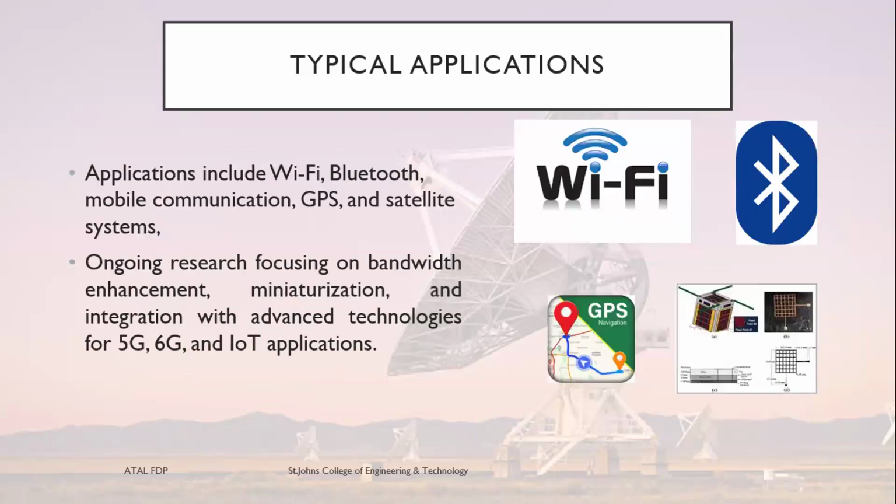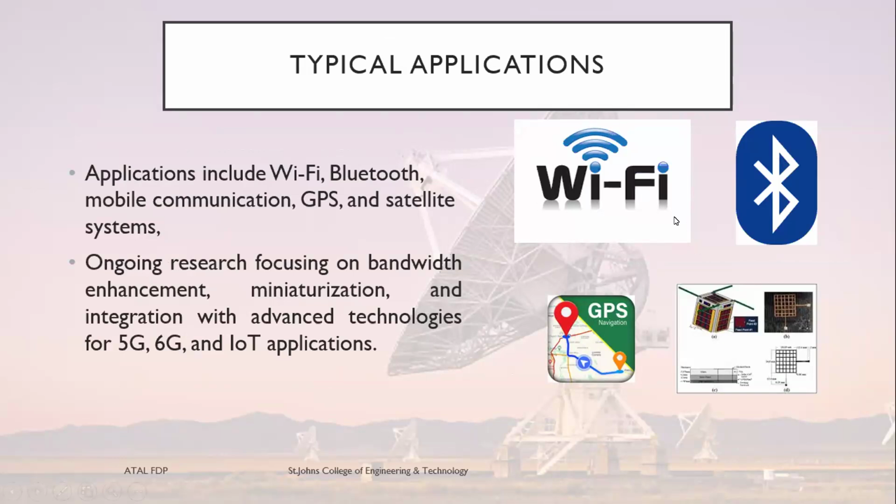Now we are going to talk about where to use this. As I told, these microstrip antennas can be used in many applications like Wi-Fi, Bluetooth, mobile communications, GPS, satellite, whatnot. Because of the advantages or the benefits which I mentioned in the earlier slide, the microstrip antennas are being used in many areas, though the frequency of operation for these applications is different.